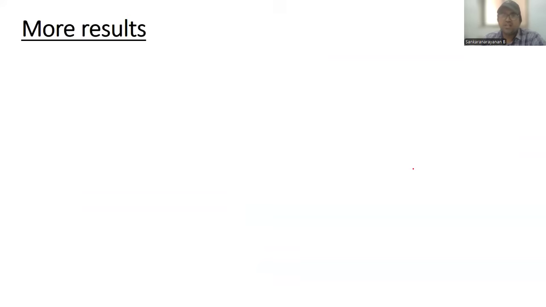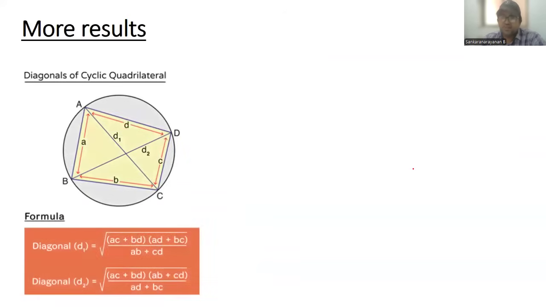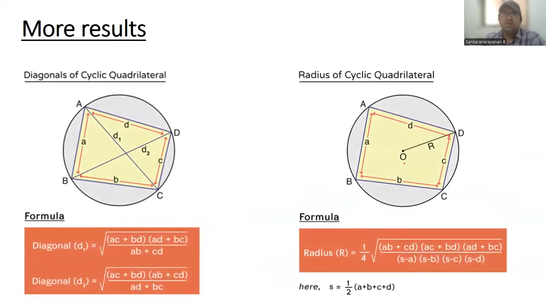Now, I shall conclude this particular video module by giving you some important, interesting formulae related to cyclic quadrilateral. Using these formulae, you can find the lengths of the diagonals of the cyclic quadrilateral, D1 and D2.